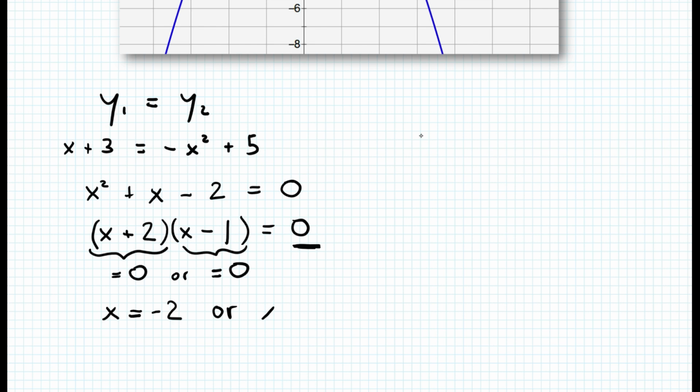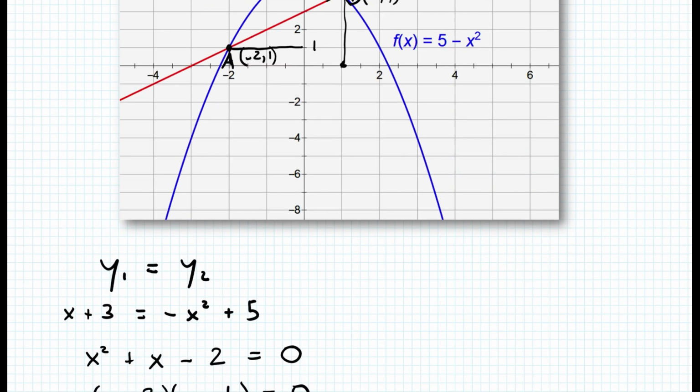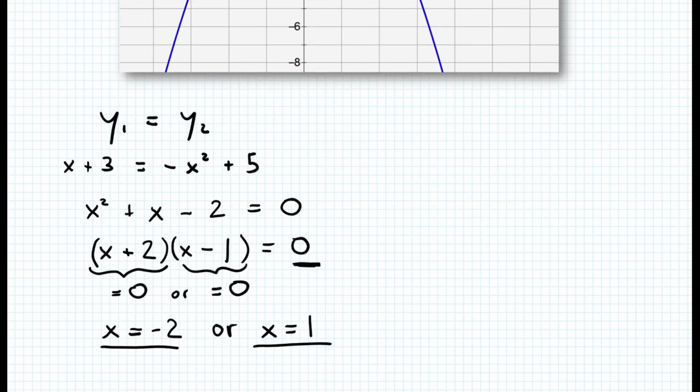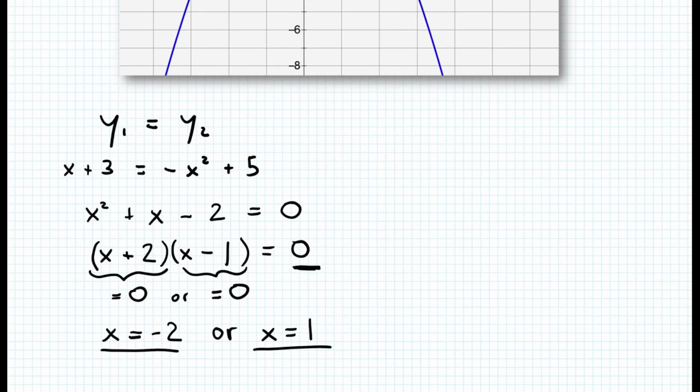Or we could have that x is equal to 1. And that is basically it. So we found the x values. If you go back to the graph, it makes sense because for point A, we have a negative 2 here, and for point B, we have a 1 over here. So these are the x values for which both equations have the same exact y value.